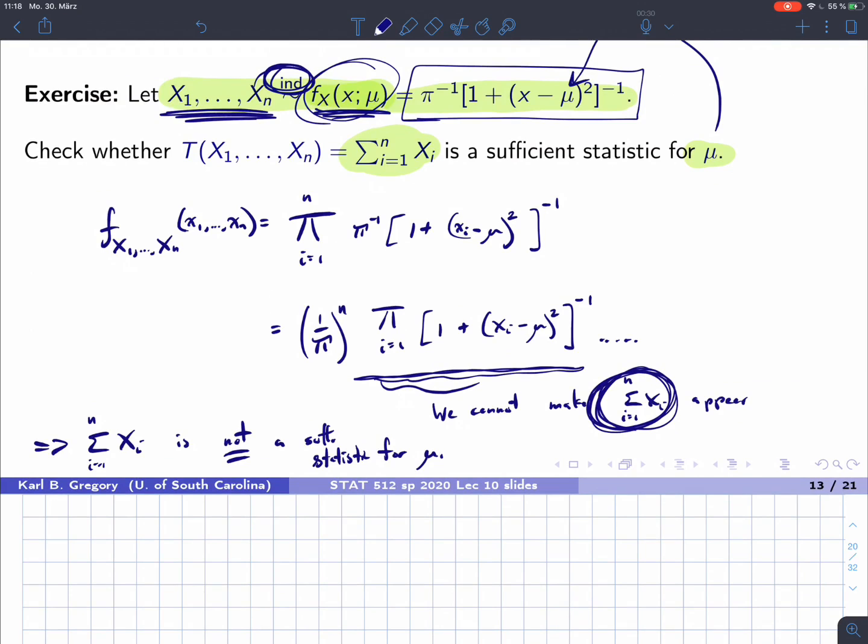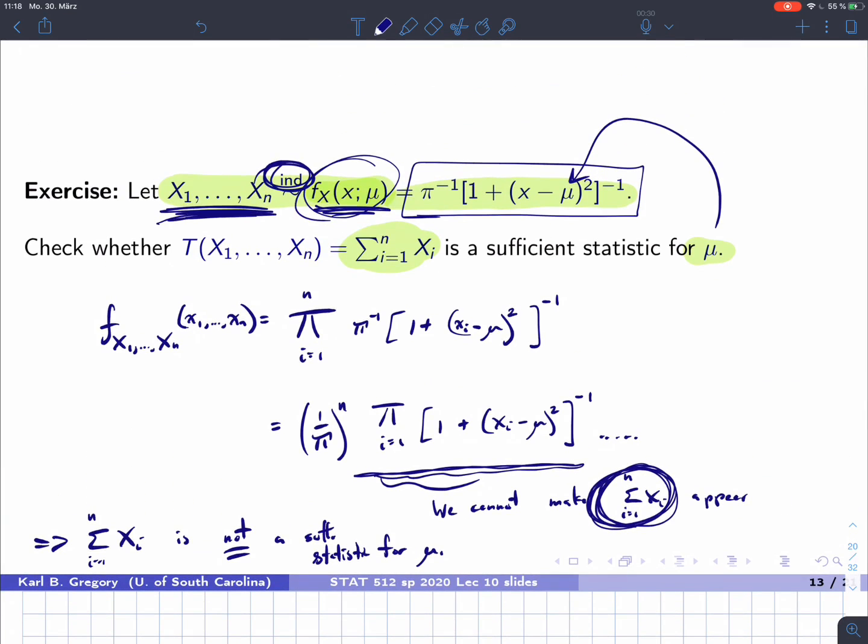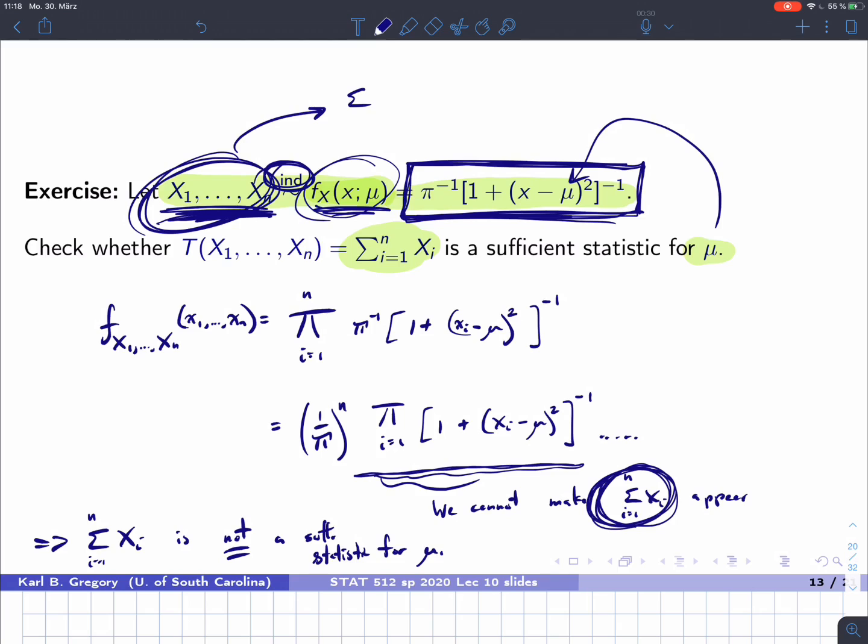That means if I collect data from a population whose distribution has this probability density function, if I take my n data values and I compute the sum of the xi's, and then maybe I delete all these values, and so I just know what the sum is, then I've lost some information about mu.